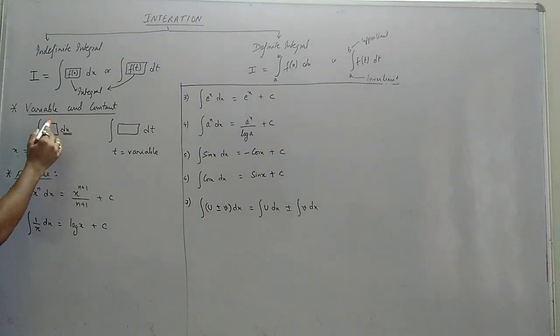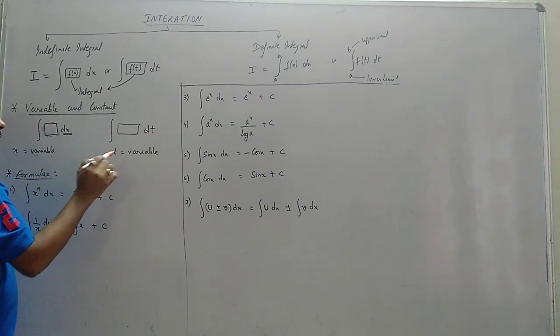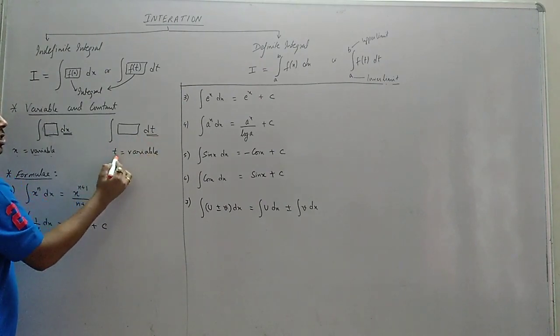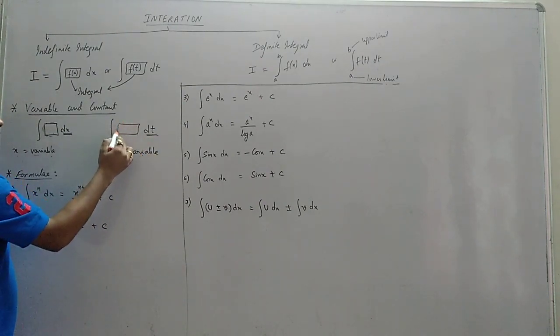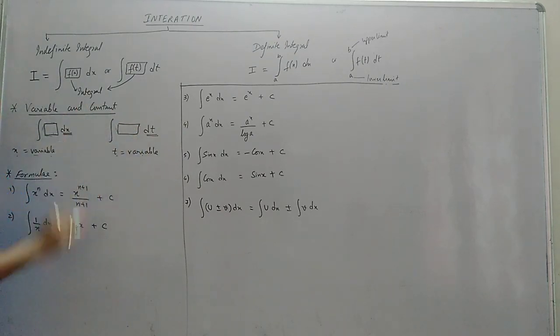Whatever you have inside this box, wherever you have x, that is variable. Other than x, whatever you have is a constant. Same, integration of something dt. Since we have written dt, that means t is the variable. Here, t terms are variable, and other than t, whatever you have is a constant.